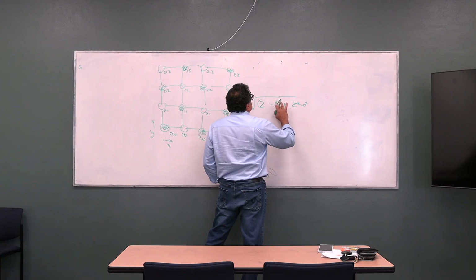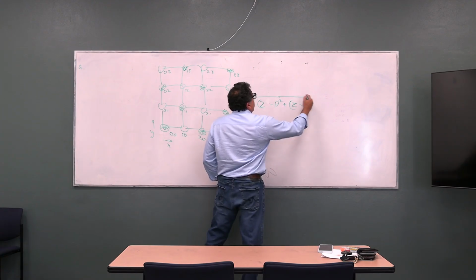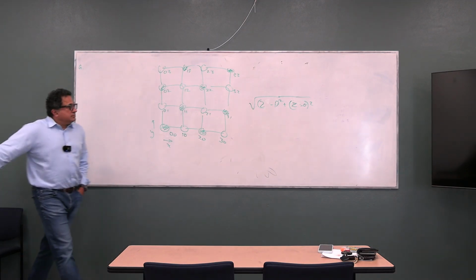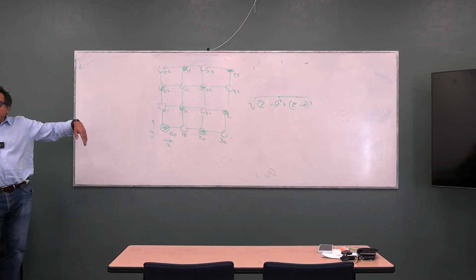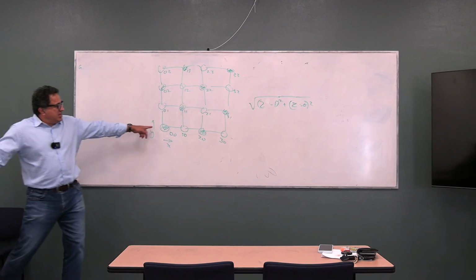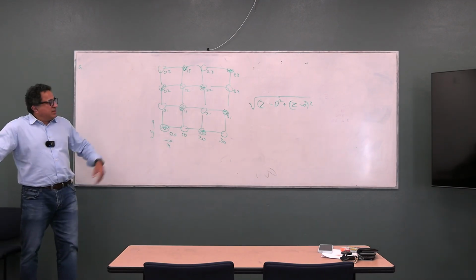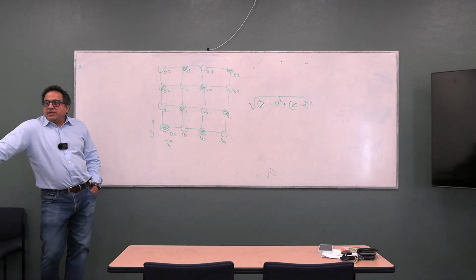No, it's x2 minus x1 squared. Sorry. Right? So that's the distance that goes in the denominator. So when you're doing the sum, you sit on this side, calculate the distance to everything, sit on the next side, calculate the distance to everything, and so on.